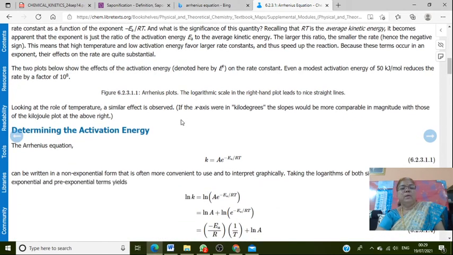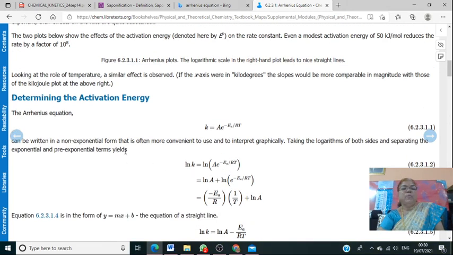The Arrhenius equation is given by k equal to A into e raised to minus EA divided by RT, where k is the velocity constant, A is the Arrhenius constant, EA is the activation energy, R is the gas constant, and T is the temperature. Here e means exponential form.